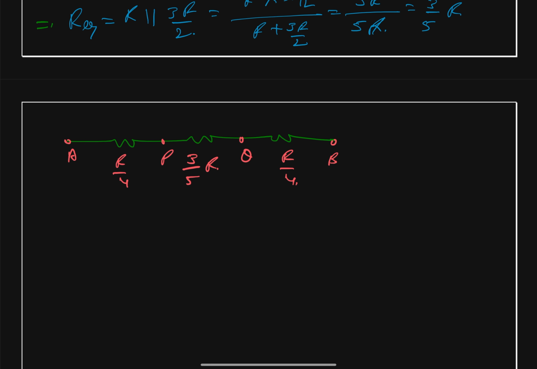So we can say current in wire AB will be equal to current through PQ.